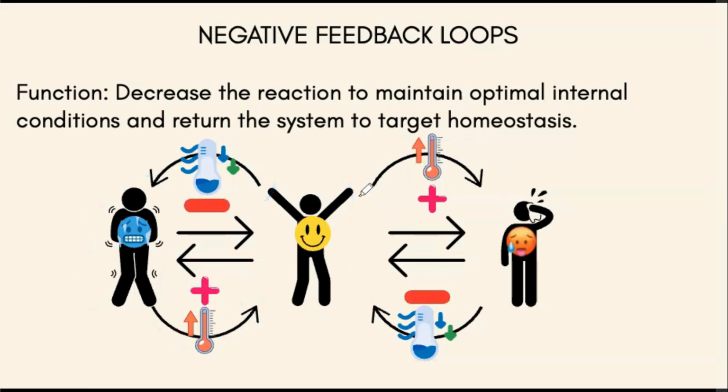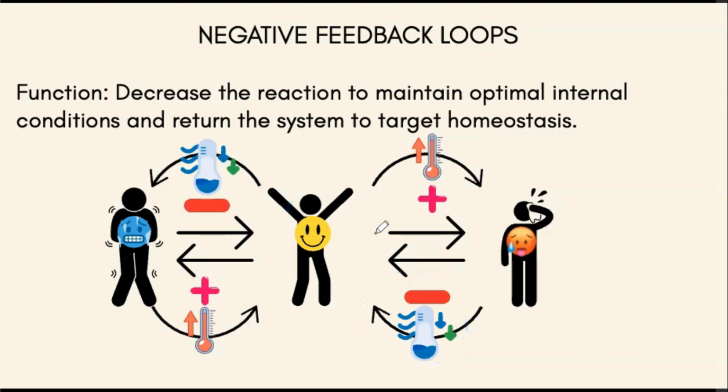Another way to think about it is say that you increase the temperature of your outside environment. Say it's a really hot day outside, like 100 degrees. What do you end up doing? You end up sweating, right? And the sweating process releases water so that you can cool down to maintain that homeostasis.